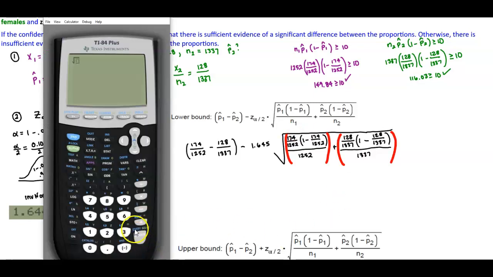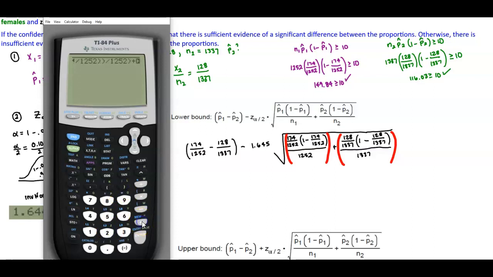So we have parentheses, and then in our numerator, we have another parentheses of 174 divided by 1252. And then we're going to multiply that by 1 minus, again, parentheses, 174 divided by 1252, parentheses. We're going to close the parentheses of the numerator, and then we're going to divide it by 1252.